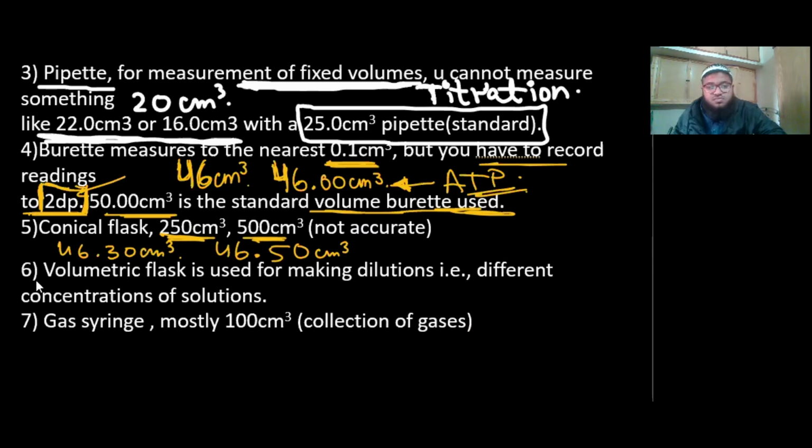Now moving on to the sixth instrument, the volumetric flask, which is used for making dilutions. Now what does dilution mean? Dilution means you take a concentrated solution and you add distilled water to it, and you change its concentration. What would happen if I add distilled water to a concentrated solution?